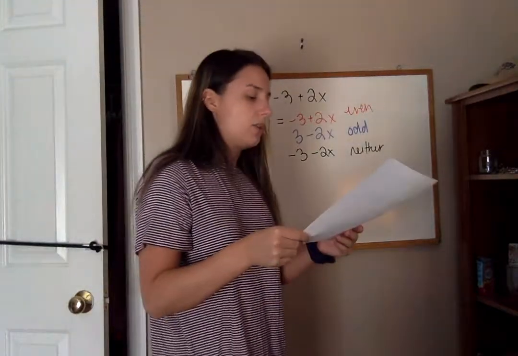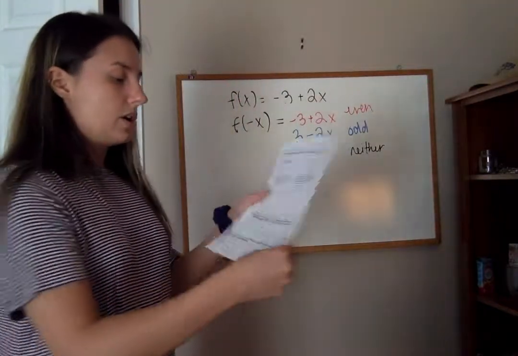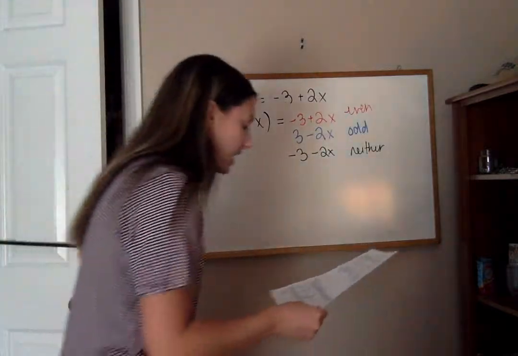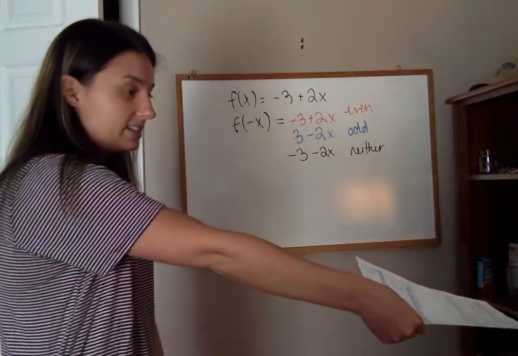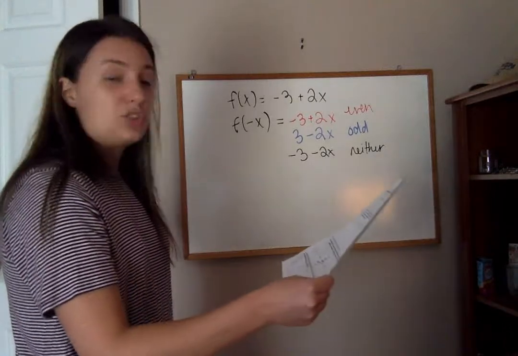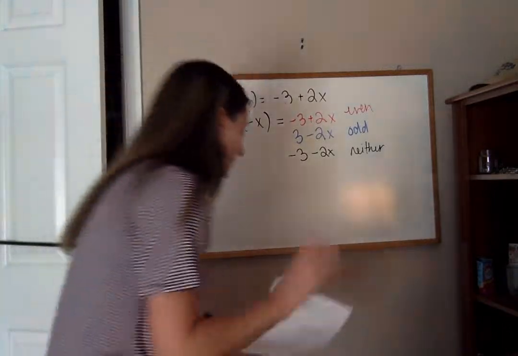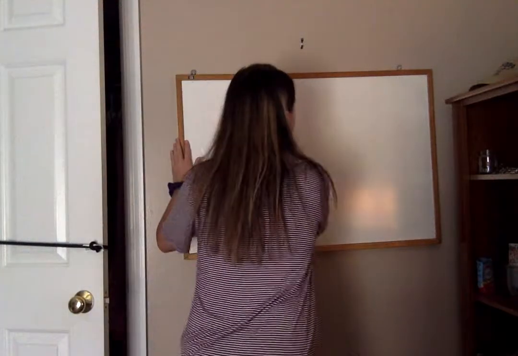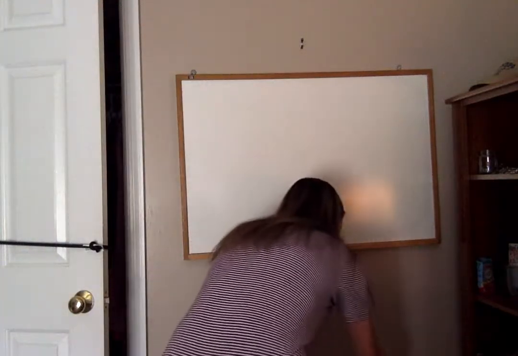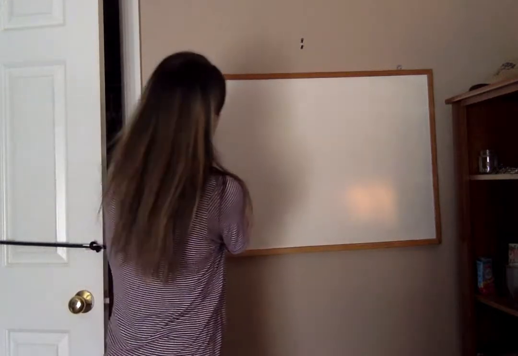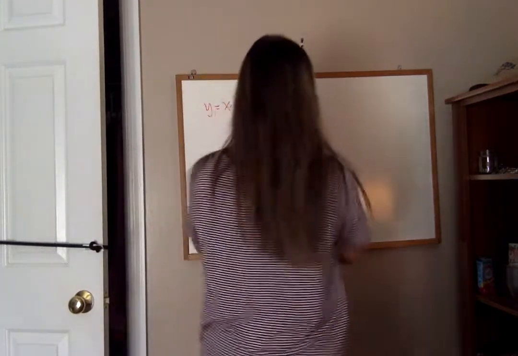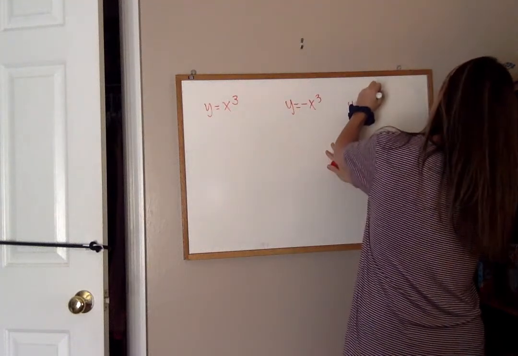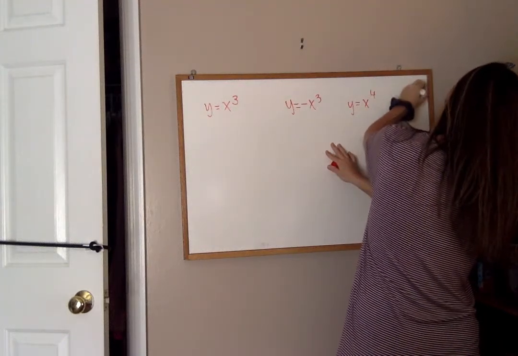So it wants you to sketch out these 4 functions, because it will actually kind of help you in determining. So I have another graphic that I would like to show you that's a little cheat sheet to figuring this out, but I think it would be helpful if we run through these equations quickly. So it wants us to do x to the 3rd, -x to the 3rd, x to the 4th, and -x to the 4th.